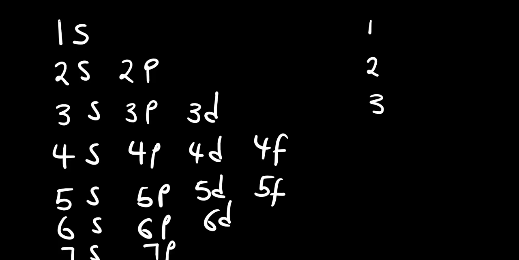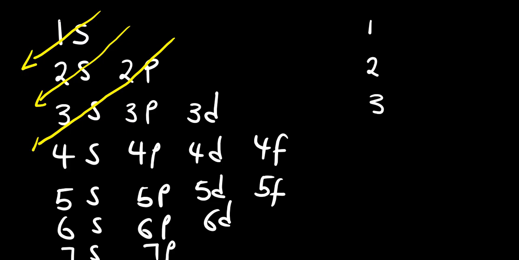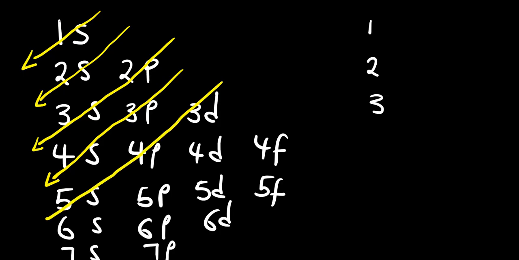So this is how you fill the orbitals. You start first with the 1s, which must be filled first. Then you go to your 2s, then from your 2s to your 2p, then to your 3s. From your 3s you go to your 3p, and then your 4s. From your 4s you go to your 3d, 4p, 5s.